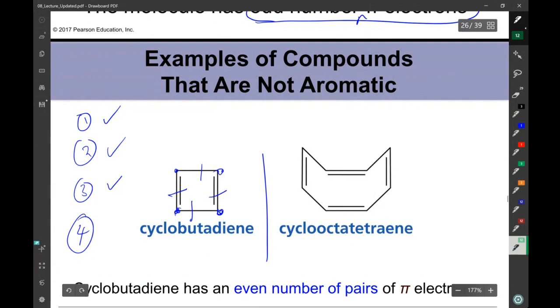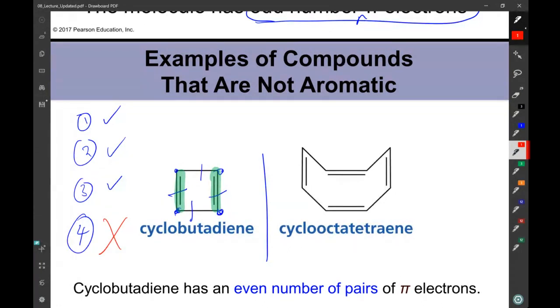In terms of pi electrons, I have 1 pair, 2 pairs. Is that odd? 2 is not an odd number, it is an even number. You fail. So that's why this molecule is non-aromatic.